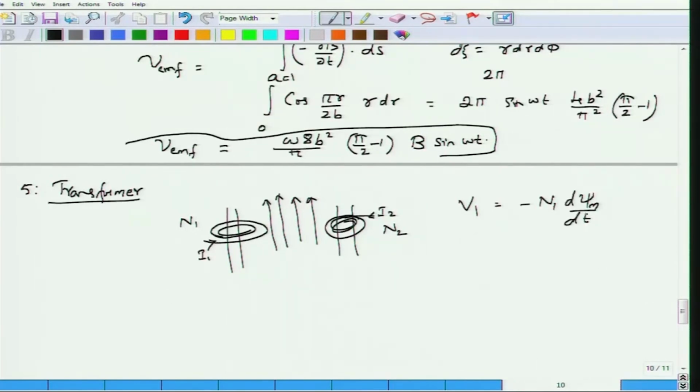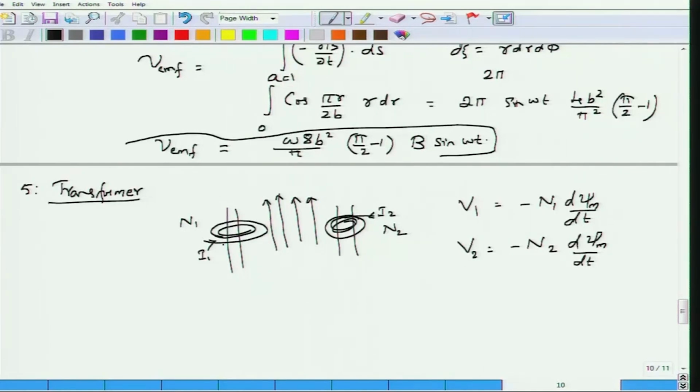And the voltage that is produced, or the EMF that is generated in the second coil, will be minus N2 d psi m by dt, where psi m is the magnetic flux that is linking the primary coil and the secondary coil, right. So, with the magnetic field assumed to be uniform, you can imagine that if I am applying the current I2, then there will be a current I1 that would be generated, right.